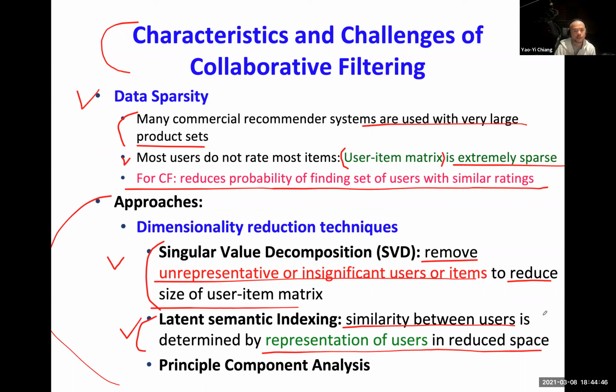One example of latent semantic indexing is Google search, right? Let's say if I search Yao Yiqiang, and without hitting enter, you can see Google will start to recommend other keywords that you can use together with this keyword, right?